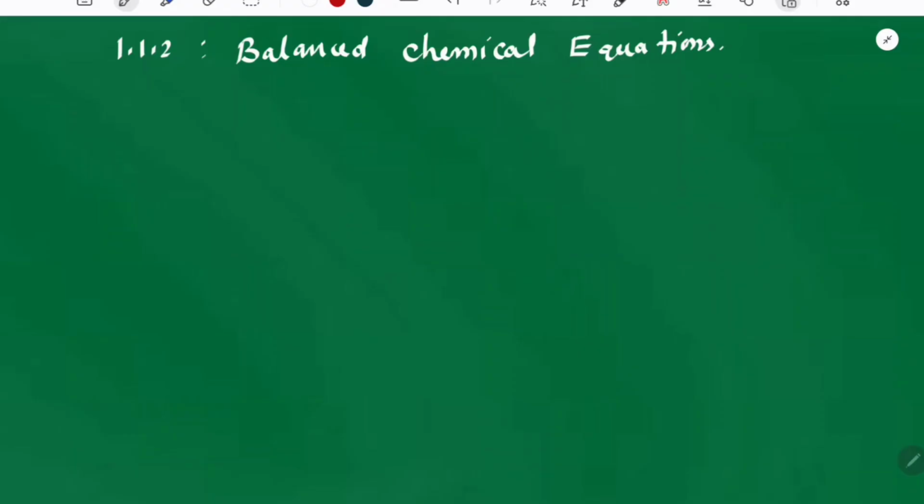Now we can recall the law of conservation of mass. It was studied in the 9th class.